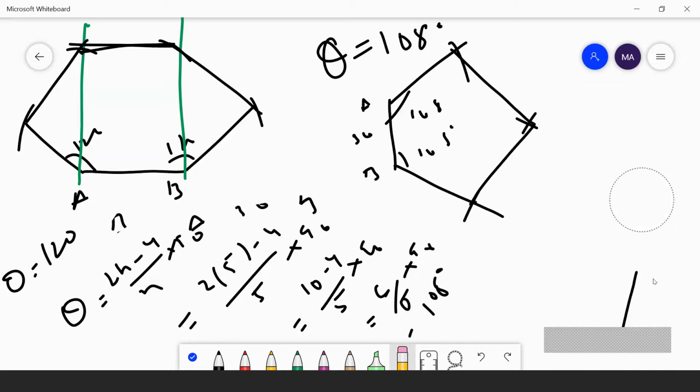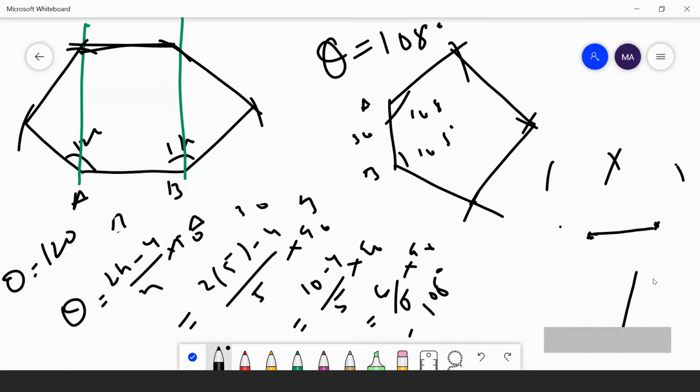So draw it once again. I am taking the side as 30 mm. From here I am cutting 30, and from here I am cutting 30. From here at the center I am cutting 30.